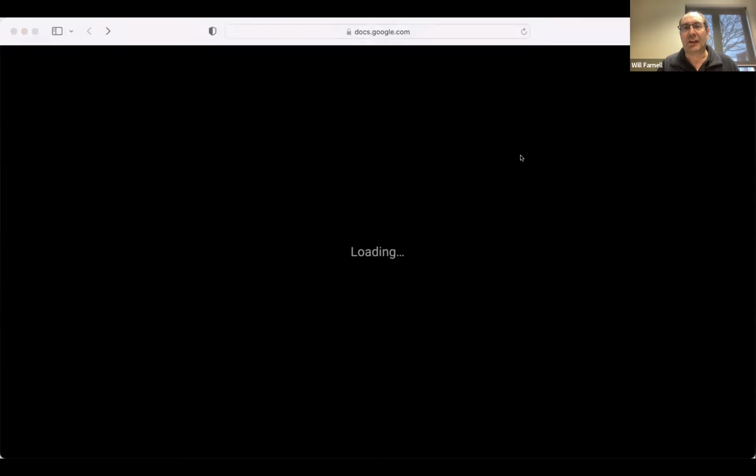I had this problem last time as well, where my screen sharing is paused, which really doesn't help. Resume share. Will it let me resume share? Can anybody see my screen? Can you see my screen, Alfonso? I see loading. It says loading. Right. This is going to be a little challenging because I don't know why it's not letting me share my screen.